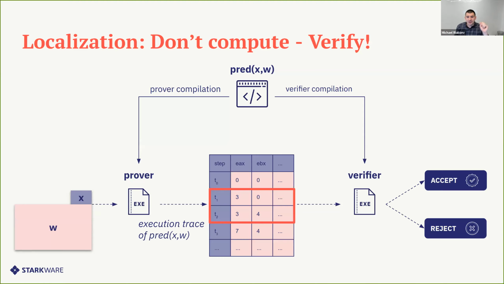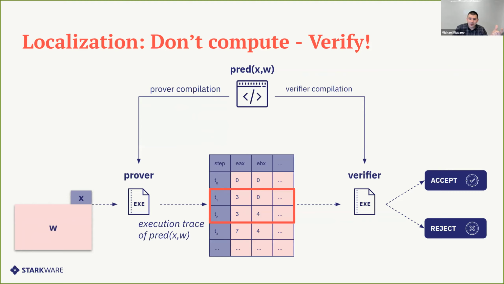The verifier could choose randomly a pair of two consecutive rows in this trace and check if they are indeed valid. If we think about a specific architecture, for example, an Intel architecture, given a state of all the registers in one state, we know what would be the next valid state.